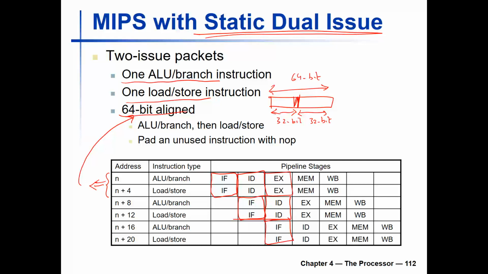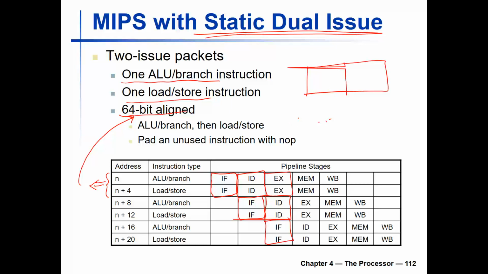Okay, so now we know that these instructions cannot be arbitrary instructions. We will choose one type, and the other one. And typically in those static issue processors, what we do is that we will call this packet slot 0 and slot 1, and if you have more, you can have slot 2, slot 3.